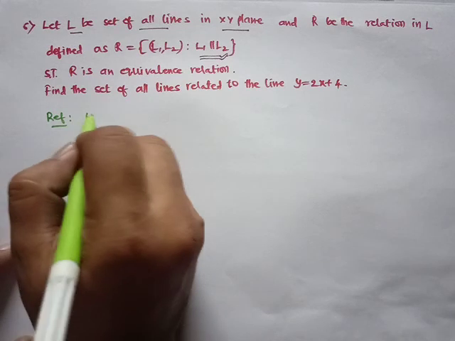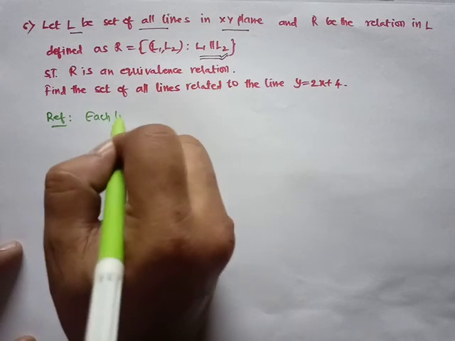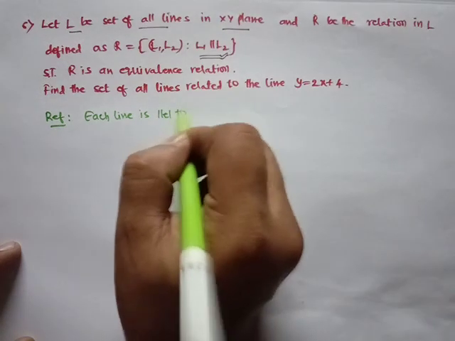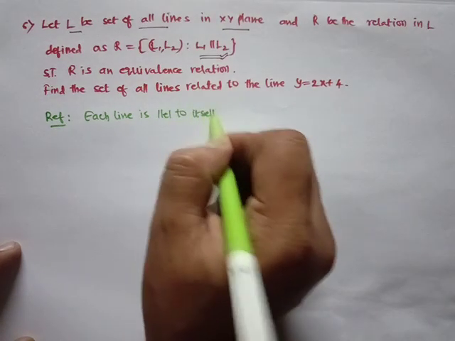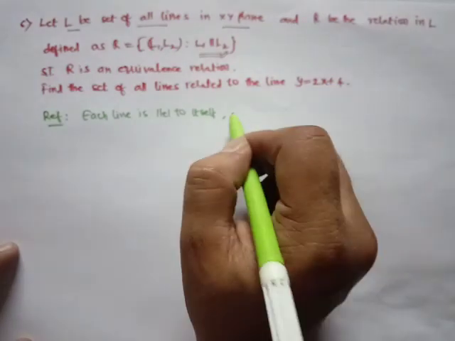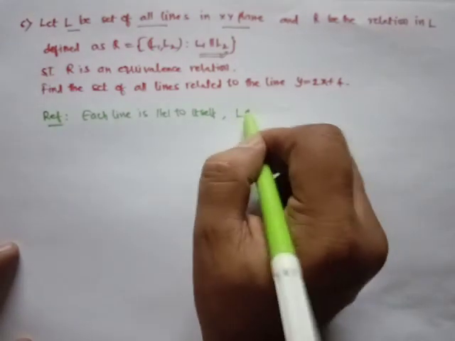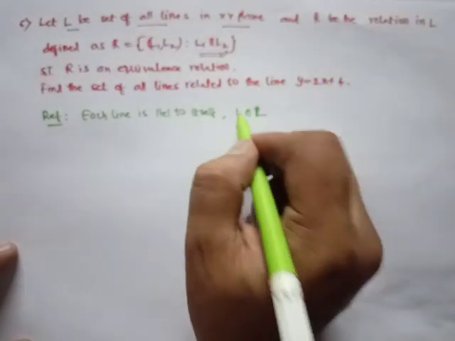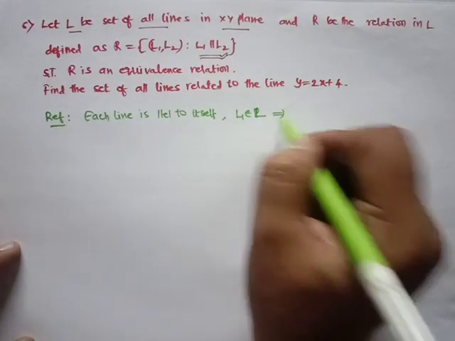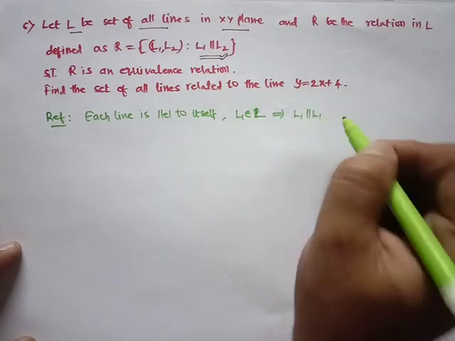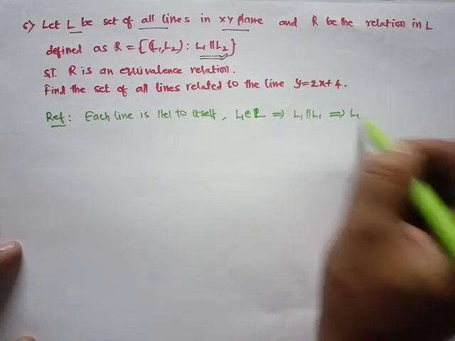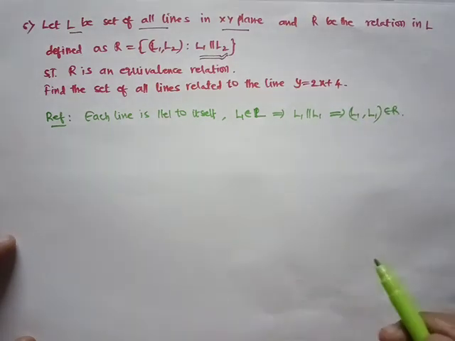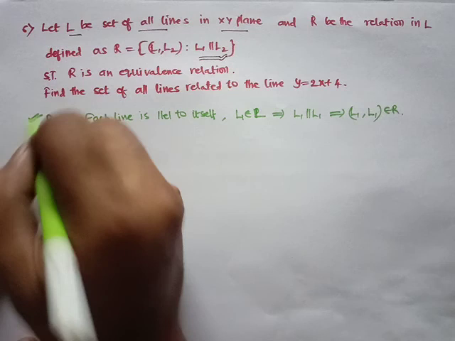So take any L belonging to capital L, make it L1. This implies L1 is parallel to L1. This implies (L1, L1) belongs to R. First of all, it is reflexive.